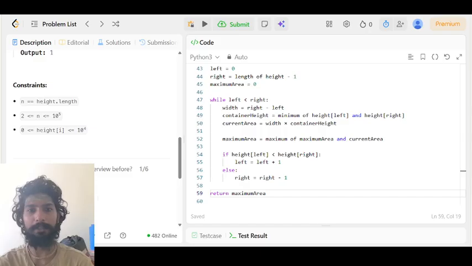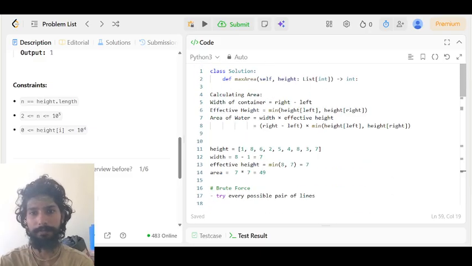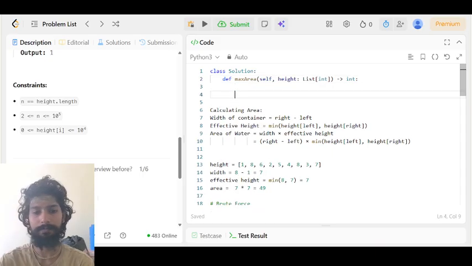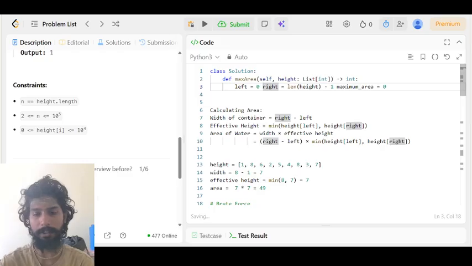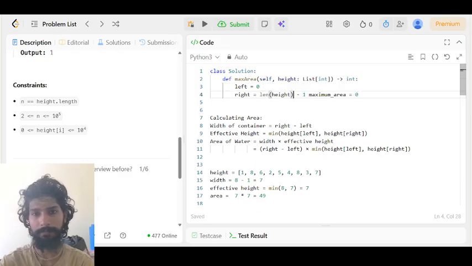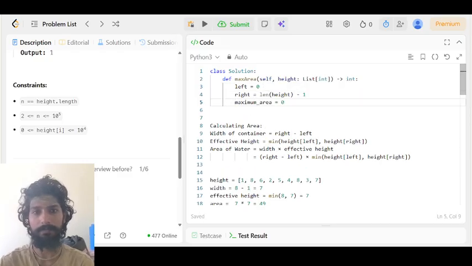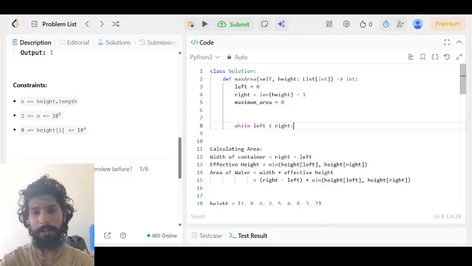Now let us write the Python code. We initialize the left, right and maximum area. Then we start the loop, which will continue till left is less than right.